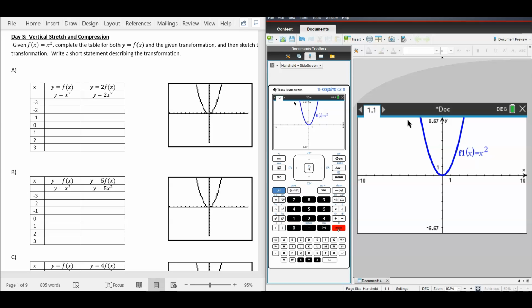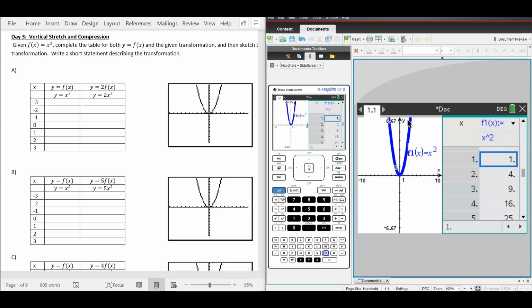Control T, right? So again, graph x squared, hit Control T. I want you to get that table. I want you to fill out that table. Okay? But notice, when you hit Control T, it starts at 1. What does this start at? -3. You got to go up to -3. Okay? So everyone should be graphing this, or you're doing your test. No, do the test first. That's fine. Hit Control T. You got to go up to -3. So here we go.